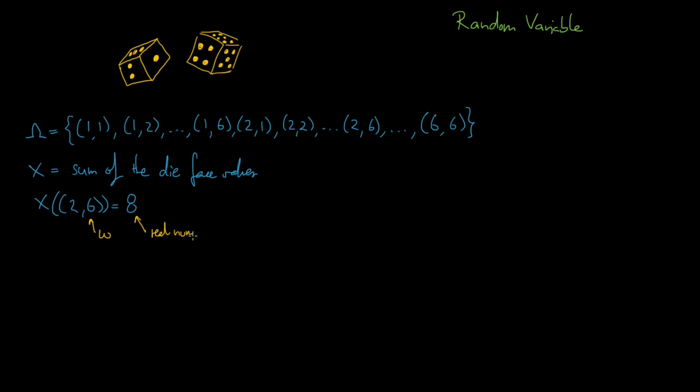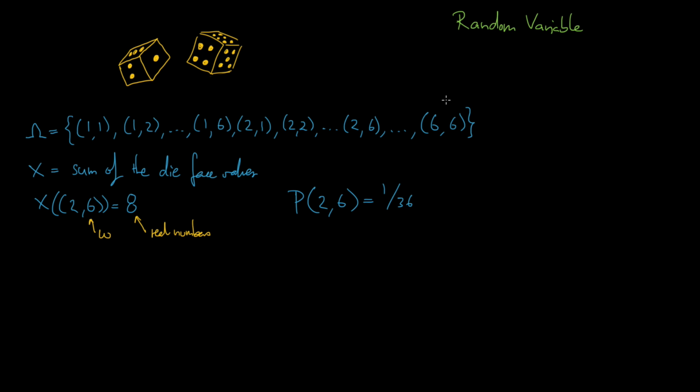So in this case, it's taken the input 2, 6, and it's given the output 8, but it could also take the input 6, 6, and give us an output 12. And since all these 36 outcomes are equally likely, we also know that the probability of getting this particular outcome 2, 6 is one possible outcome out of 36 equally likely outcomes. It's 1 in 36.